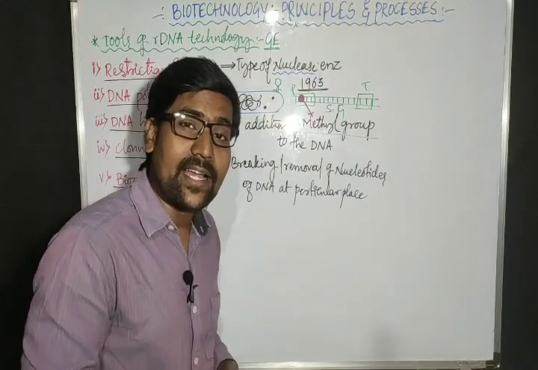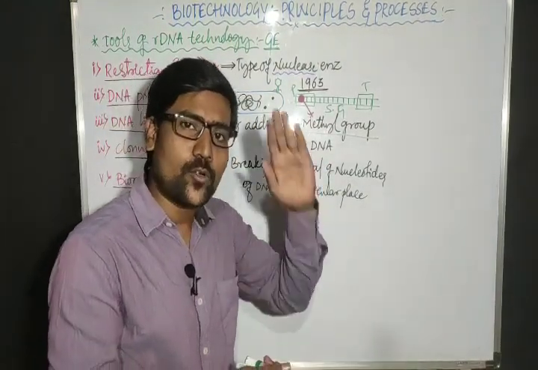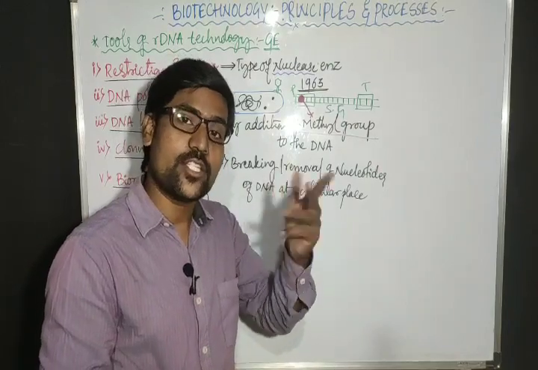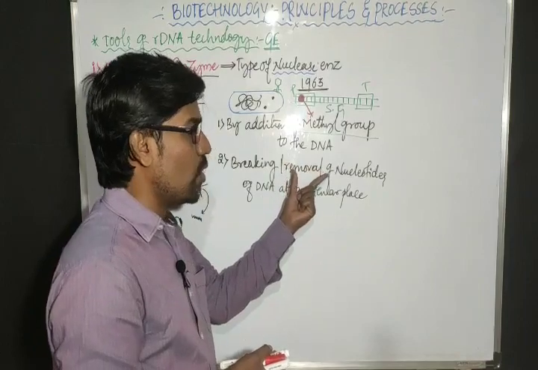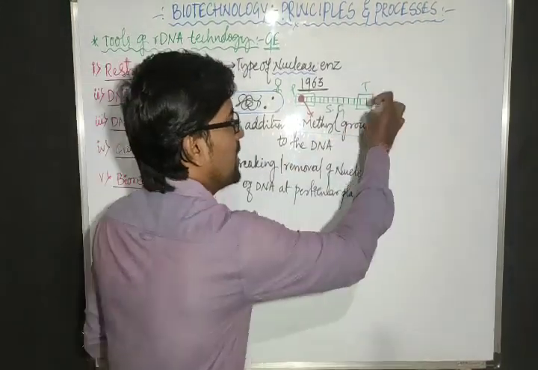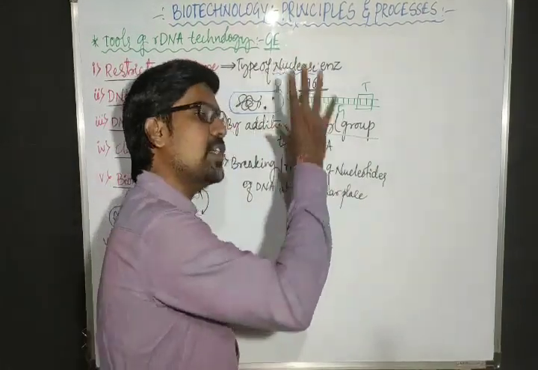So they observed a second category, second type of enzyme in the same cell. That enzyme also restricts the growth of bacteriophage, but its working nature is different. How? This enzyme is used to break or remove nucleotides of DNA at a particular place.